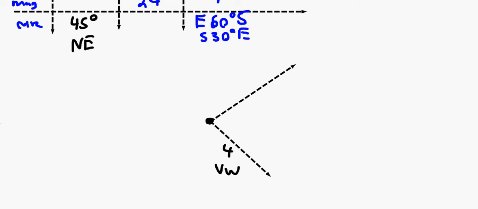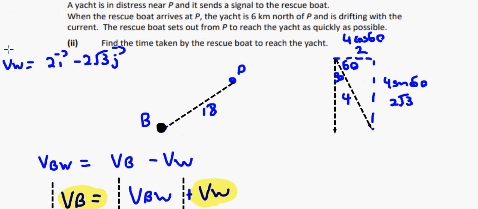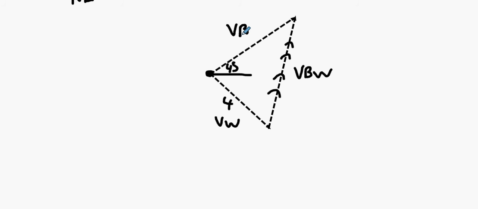Okay. Now when we really think about it, think about your original question. Your river's forcing you down this way, isn't it? So realistically, you're going to have to aim at a steeper angle than what you're looking for, aren't you? So you're always going to have to aim at a steeper angle, and you're going to get pushed downwards. So I know that this angle here is steeper than 45 degrees. So there's the 45 degrees there, and there's the steeper direction I'm actually aiming in. So this is the velocity of the boat in water, and this is what we're actually doing, velocity of the boat.